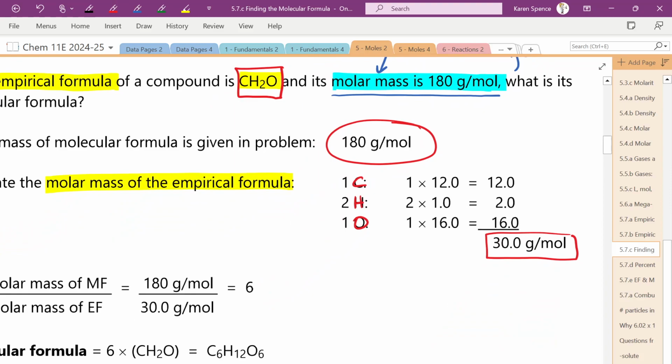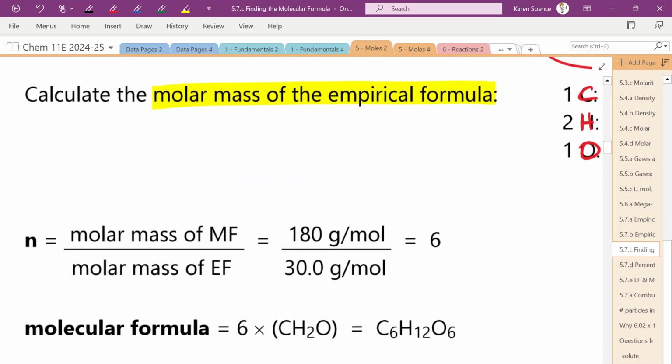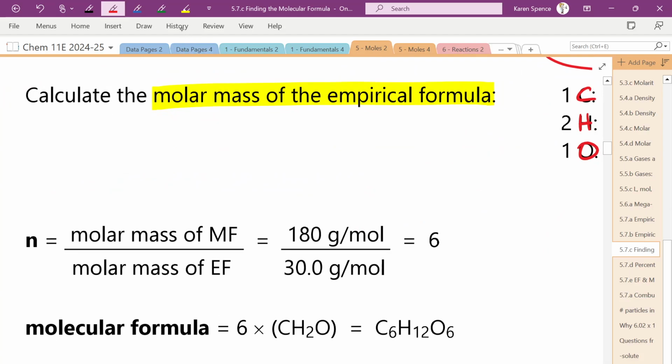But, you know, let's assume you're showing your work on your AP exam. You would say, okay, I'm going to take the molar mass of my molecular formula and divide by the molar mass of my empirical formula. And I take 180, divide by 30, and I get 6.